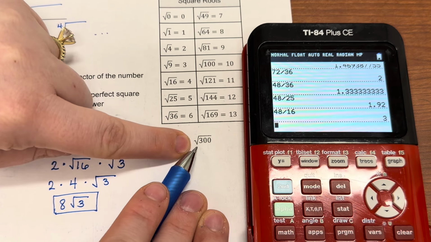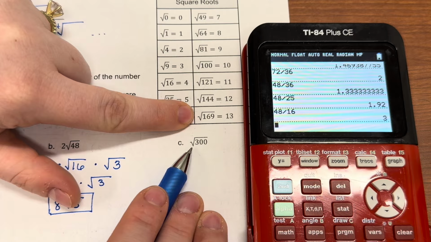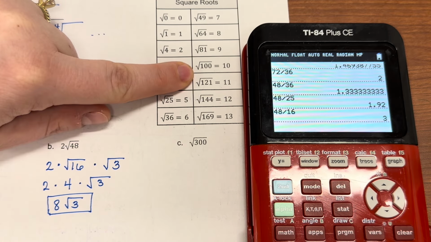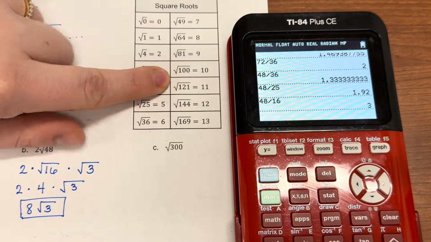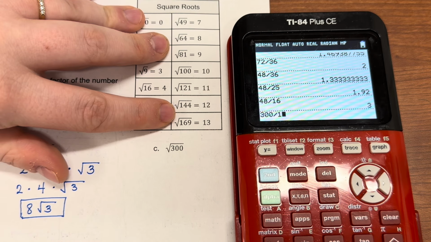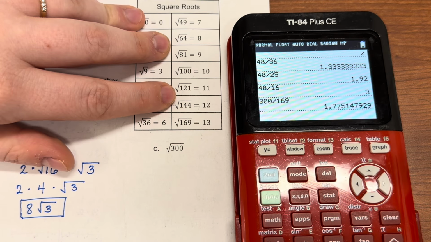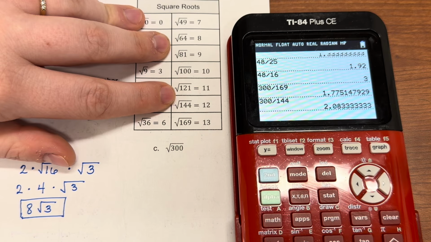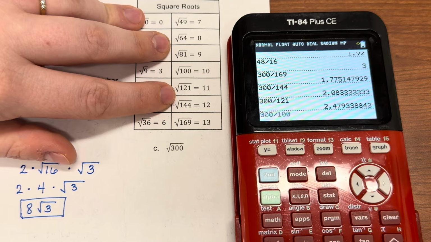If we're looking at 300, all of these are less than 300. So we'll start with 300 divided by 169. That's not happening. 300 divided by 144. 300 divided by 121. 300 divided by 100.